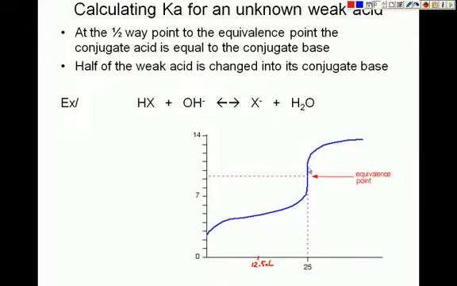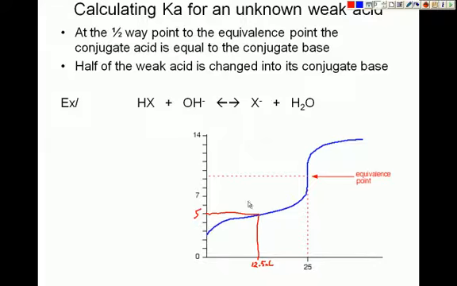This is the equivalence point. So half of the volume would be 12.5 milliliters. Now if we were to draw a perfectly straight line, which I'm going to attempt, right up to there, and then another perfectly straight line right to there, we see that it pretty much lands directly on pH 5.